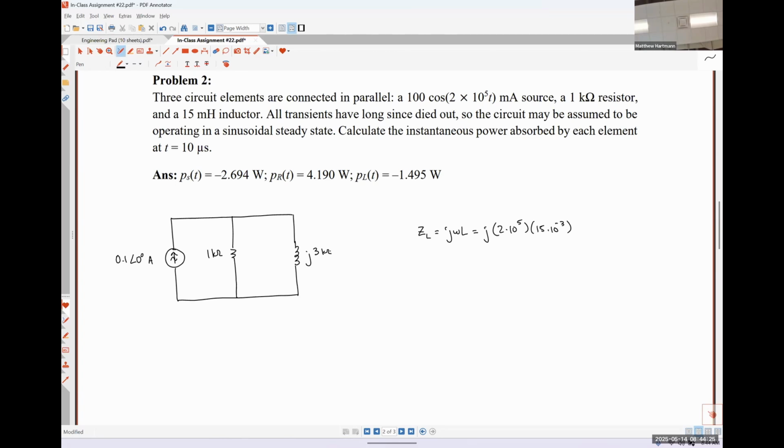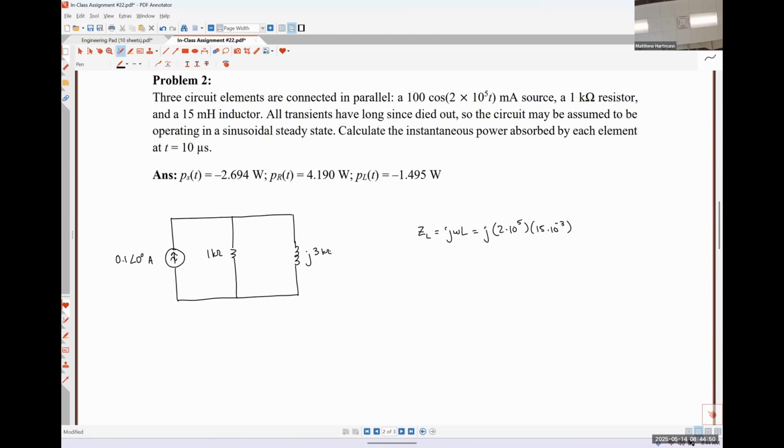So we are asked to calculate the instantaneous power absorbed by each of these circuit elements at a specific instant in time, and that is t equal to 10 microseconds. I'm only going to work one of these with you. So you can choose whether it's going to be the current source, the resistor, or the inductor.